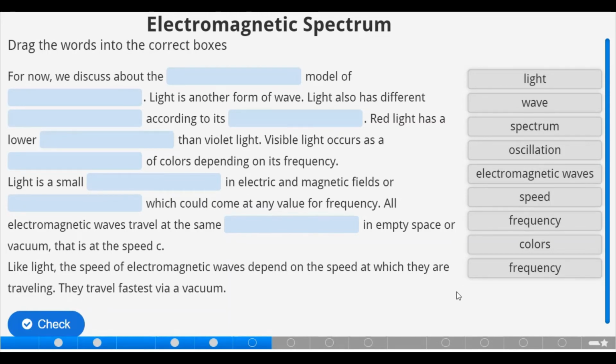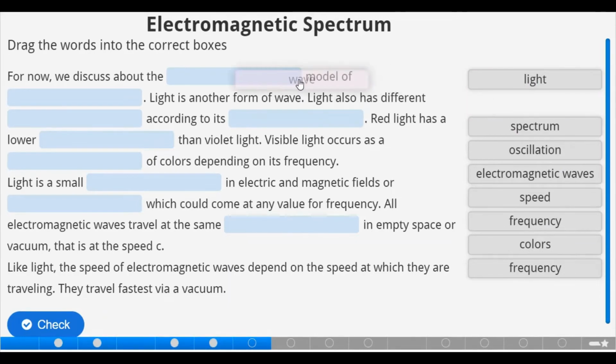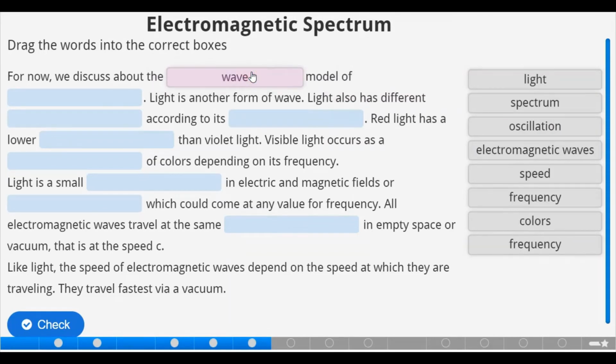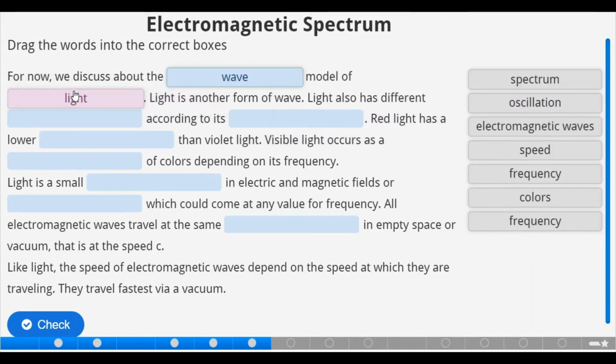So we fill the correct words into the correct boxes. Now, we discuss the wave model of light. Light is another form of wave.